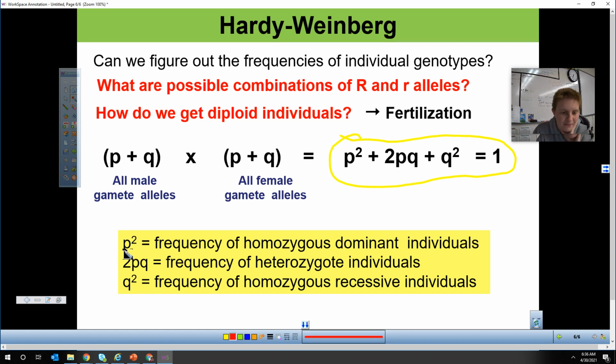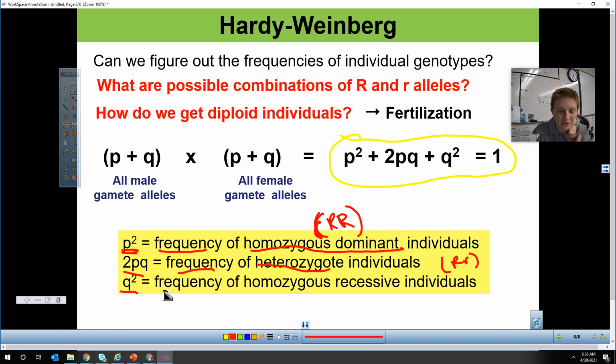So p squared is the frequency of homozygous dominant individuals. In this case, how common is big R, big R. 2pq is the frequency of the heterozygote individuals, so that would be how many big R, little r's there are.